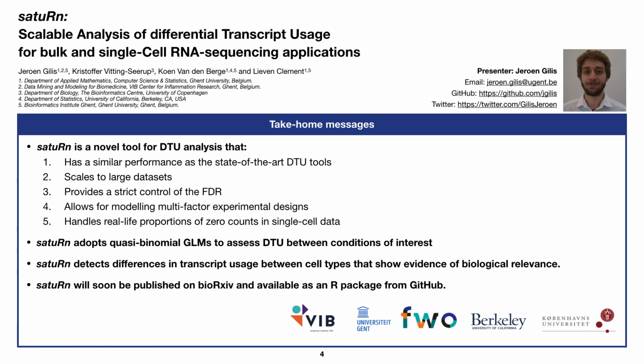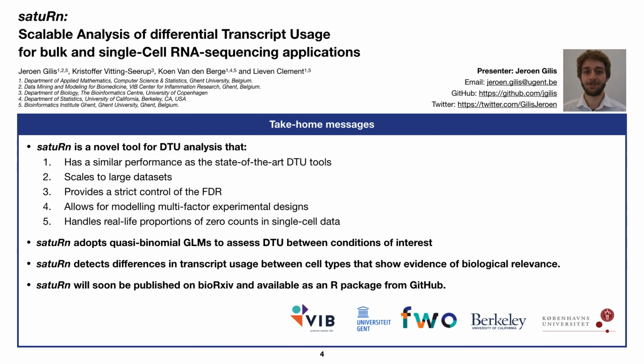As a small wrap-up, we have developed satuRn, which is a novel method for performing differential transcript usage analyses. The principal features of satuRn are its high performance, its great scalability to large datasets, its ability to control the false discovery rate close to the desired level, the fact that it allows for modeling multi-factor experimental designs, and its ability to handle real-life proportions of zero counts.